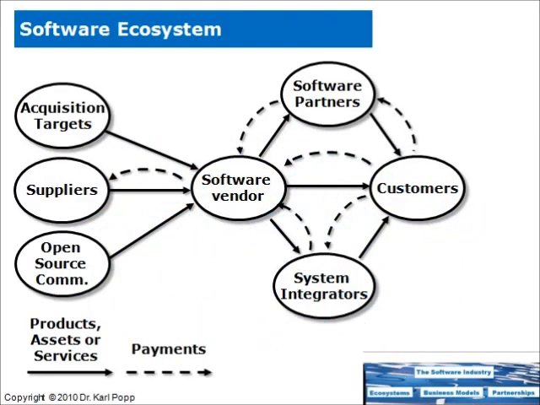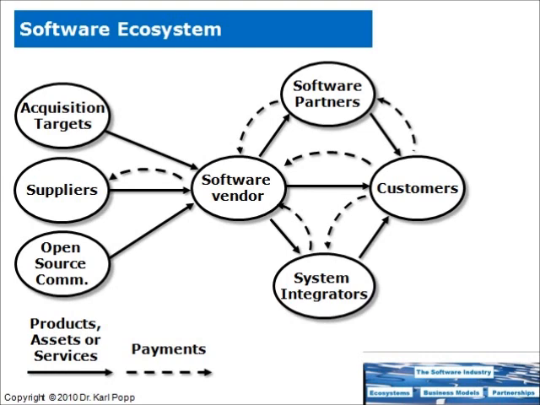So if you remember, the definition of a software ecosystem is that it forms around the software vendor, and everybody who's in the software vendor's ecosystem is connected with relationships. And these relationships are drawn here, at least one specific example of the relationships.